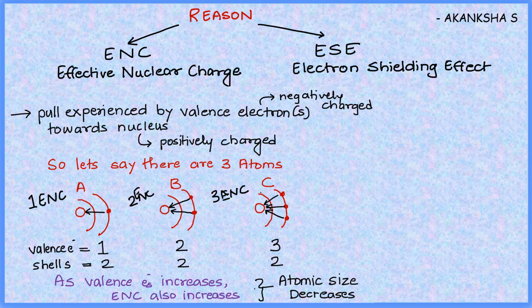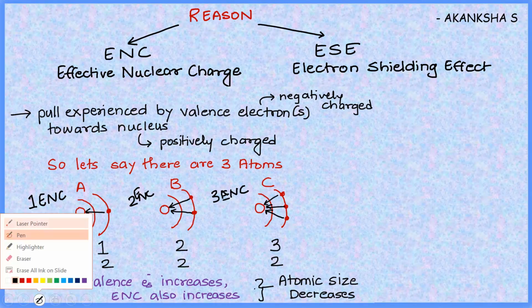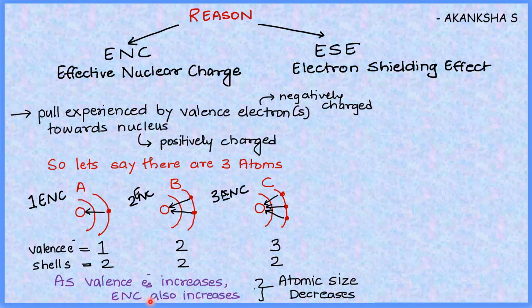So every individual valence electron is experiencing a pull towards the nucleus. As the valence electrons increase, the pull towards the nucleus also increases, and that decreases the atomic size. Meaning, with each electron added to the valence orbit, your atomic size is going to decrease.